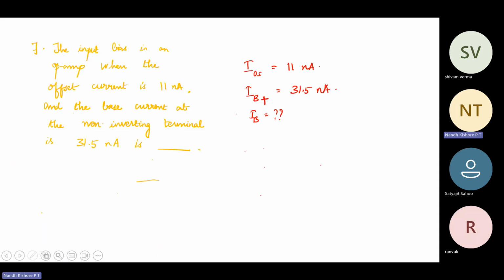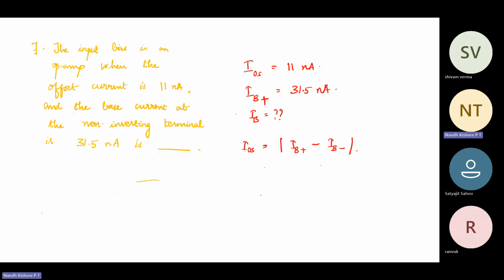Fine. So what is the offset current in an op amp? You know that the offset current is the difference between IB plus and IB minus. So offset current is basically IB plus minus IB minus.